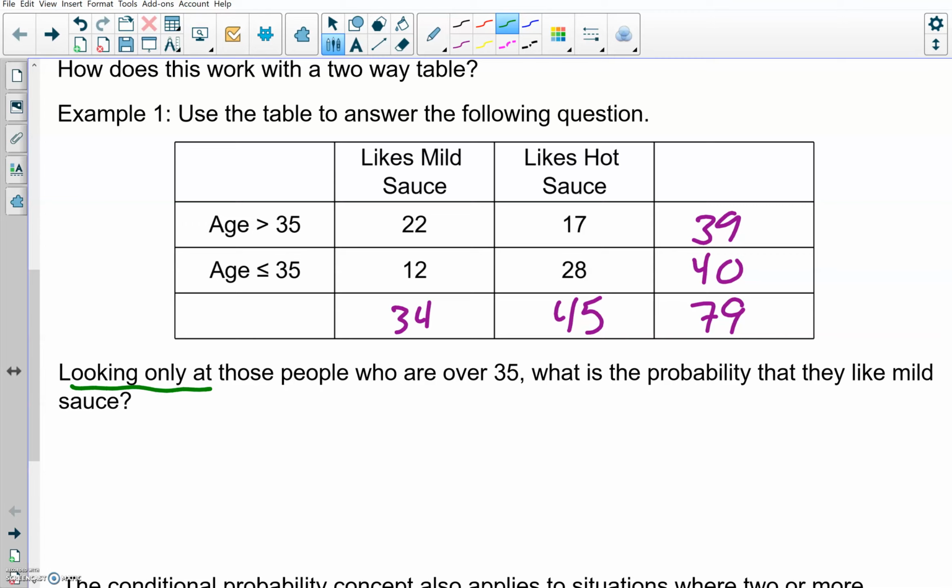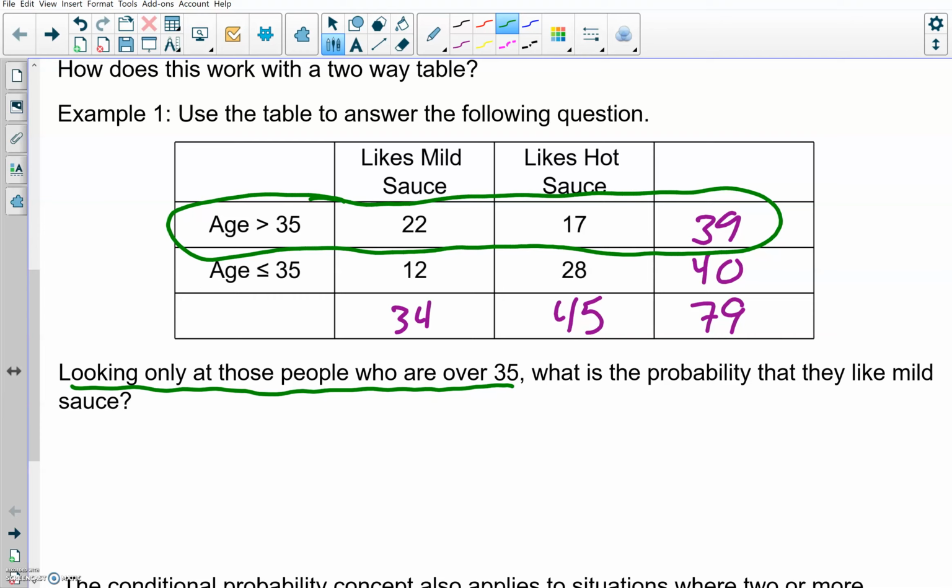So looking only at those people who are over 35, they're giving you the condition right up front. So I'm just going to go up here and just focus on those that are over 35. Everything else, get it out of there. Once you're given a condition, everything else that doesn't fit that condition goes away. So what's the probability they like mild sauce?